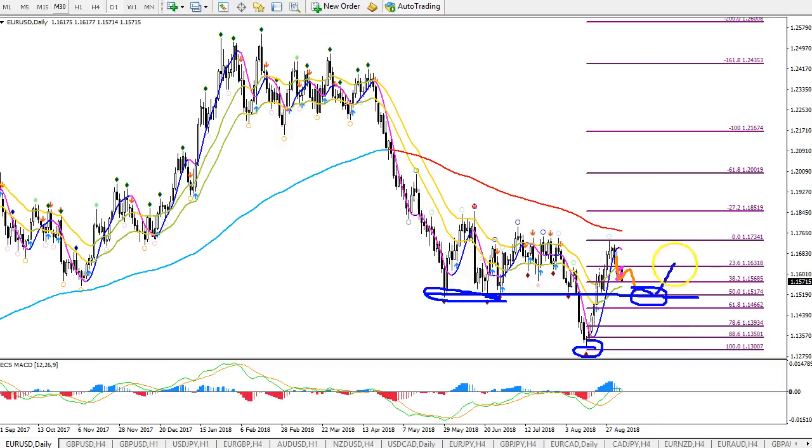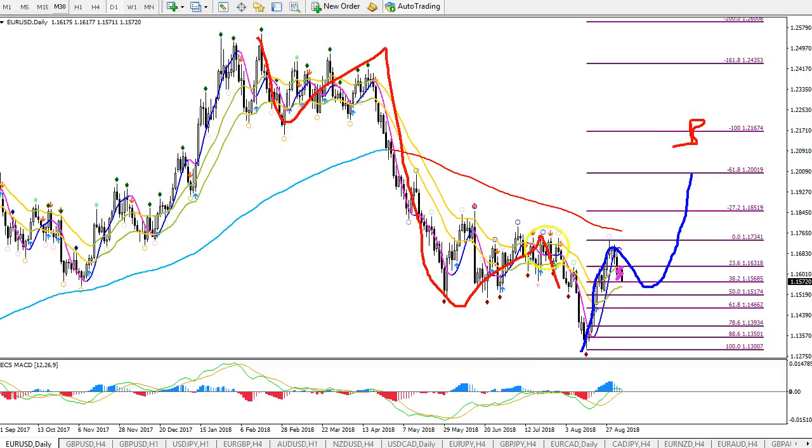So that could be a bouncing spot for a wave C to the upside, which I think will be aiming at the -272 target at 118.50 or the -61.8 target at the 120 round and psychological resistance level right here. All right, that could be the main target. And in that case, we'll have an ABC like this, and that could complete a wave B. This was a 5-wave down for wave A, and down it goes for wave C.